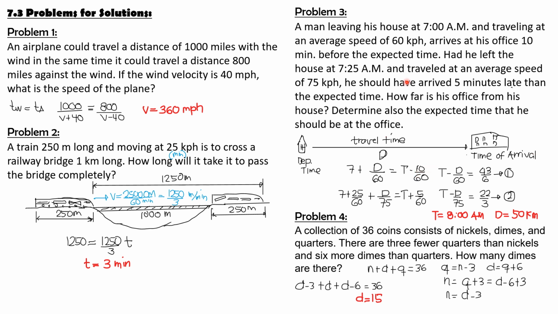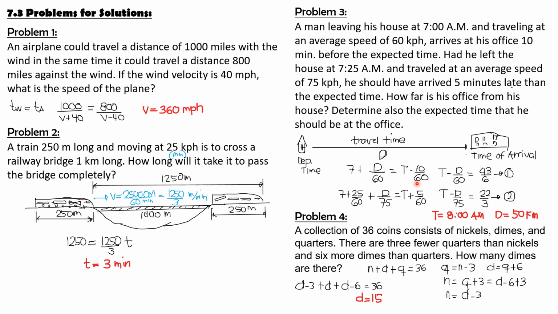So for the first situation, the man leaves his house at 7 a.m., 7 hours, plus travel time, which is distance over average speed. So distance over 60, so this is consistent. Distance in kilometers, speed in 60 kilometers per hour, so this is in hours. Then he arrives at his office 10 minutes before the expected time.